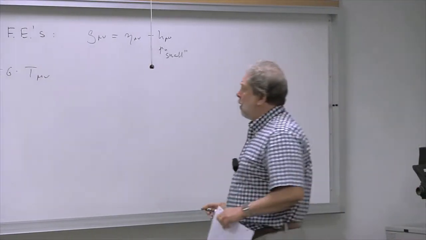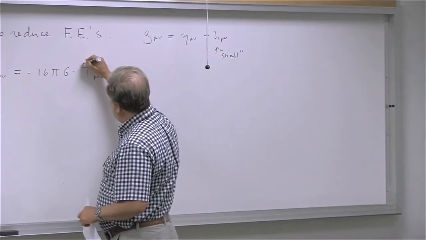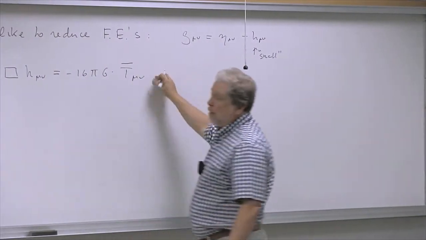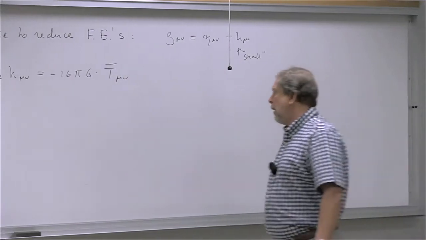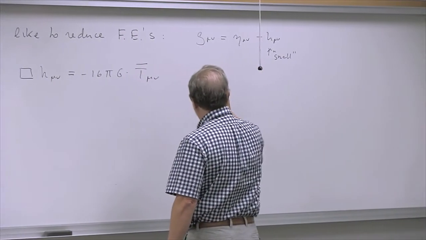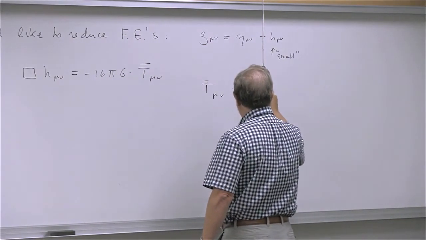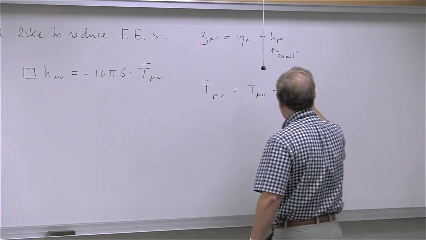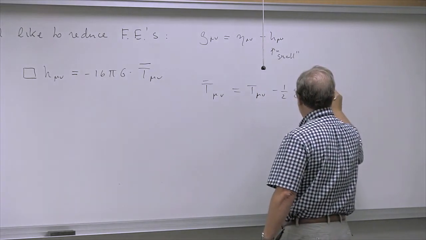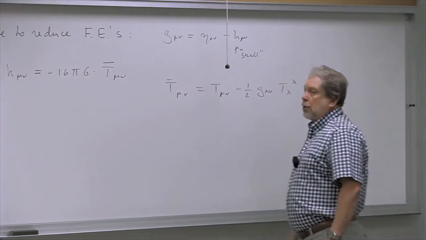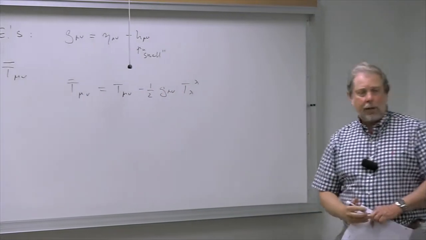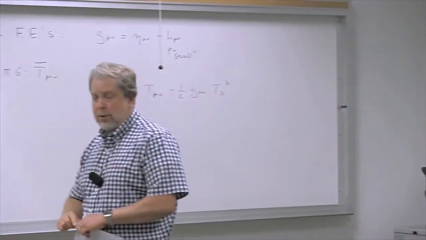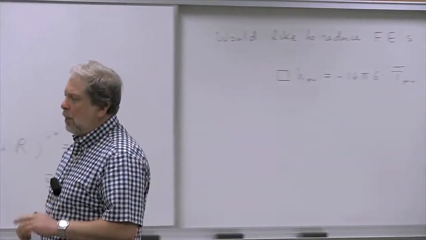The only slight modification is that what appears here is not the T mu nu, but the T bar mu nu, right? So T bar mu nu is equal to T mu nu minus 1/2 g mu nu times T lambda lambda. In other words, the source for the gravitational field is not going to be the T mu nu, but its trace-reversed form, which subtracts the trace.